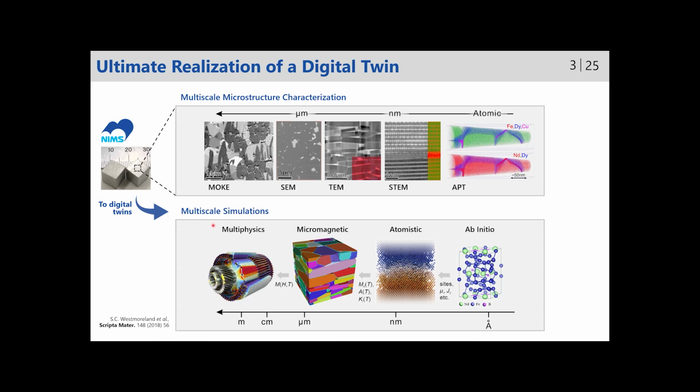If we can realize digital twins as a system of such multi-scale simulations, it would be the best realization in order to develop new devices and for new devices to tune properties of materials precisely.